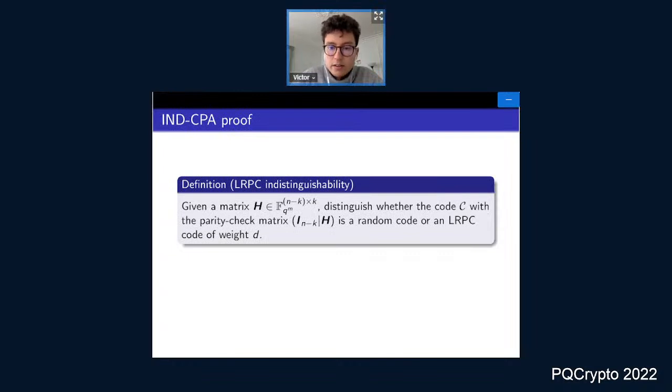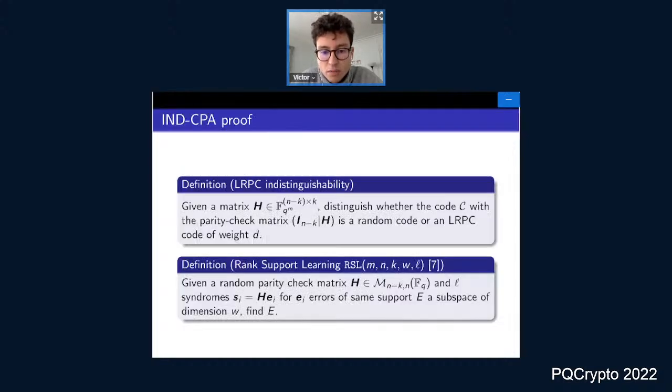So in our paper, we prove the indistinguishability under a chosen plaintext attack of our crypto system, and it relies on 2 assumptions. The first one is the difficulty of distinguishing a random matrix from a systematic form of an LRPC parity check matrix.